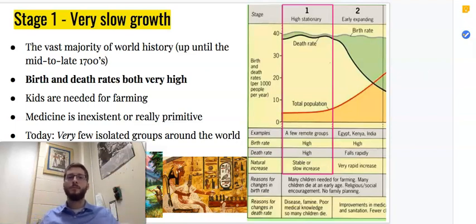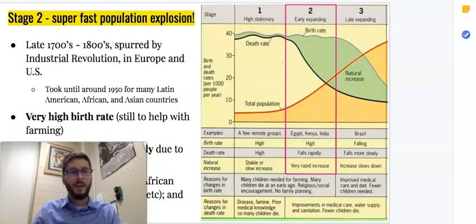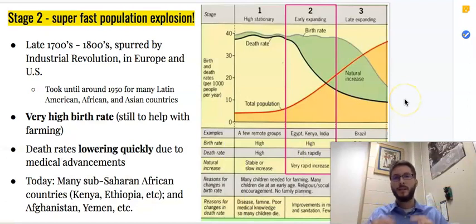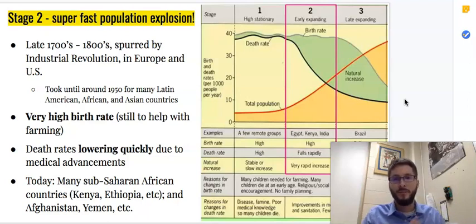A lot of countries that made it first into stage 2 did so in the late 1700s as the Industrial Revolution began to really kind of kick in and improve things. So like I just said, stage 2 involves super fast population explosion, right? In the 1700s, 1800s, the Industrial Revolution improves lives for a lot of people. It improves medicine.